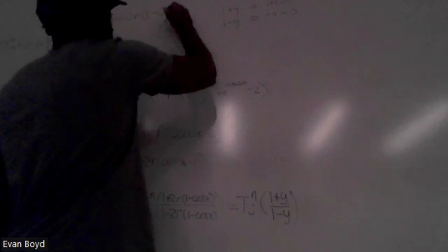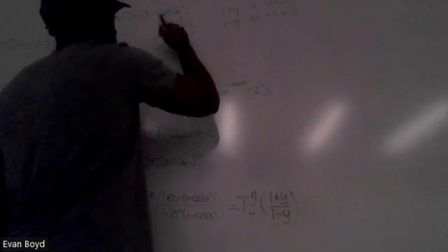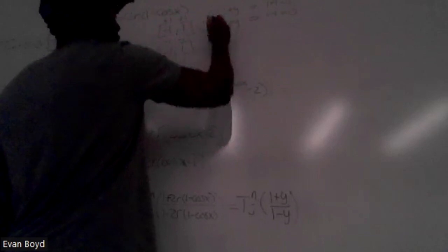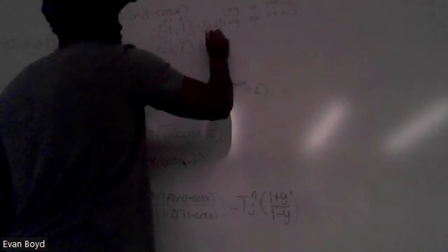We added 1 for both sides and -1 for both sides. We will get a domain of 0 and 2 and -2 and 0.